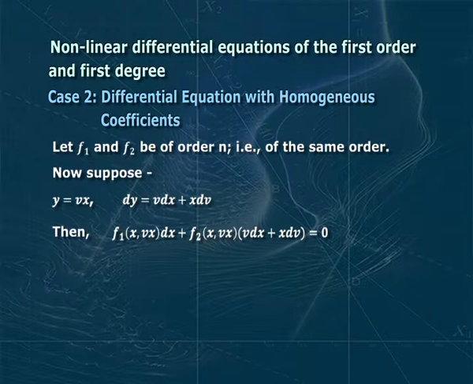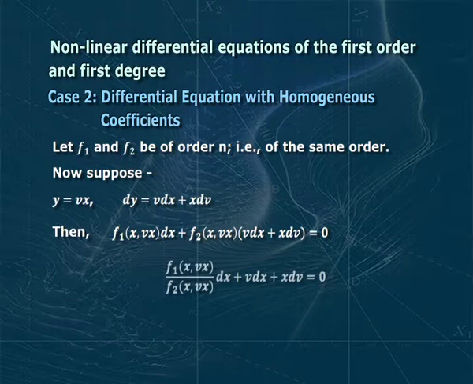Then f1(x, vx) dx plus f2(x, vx) into (v dx plus x dv) is equal to 0. Here we can see that [f1(x, vx) divided by f2(x, vx)] into dx plus (v dx plus x dv) is equal to 0.